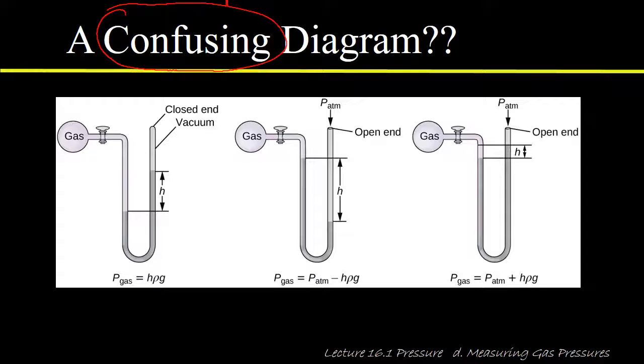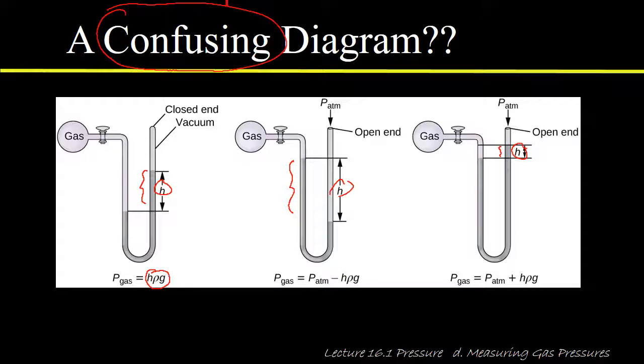This part is H times rho times g. That's just the pressure of a column of liquid using that hydrostatic pressure equation that we used a couple of lectures ago. And this H times rho times g refers to this column of mercury here, or this column here, or this column here, whatever corresponds to that height.